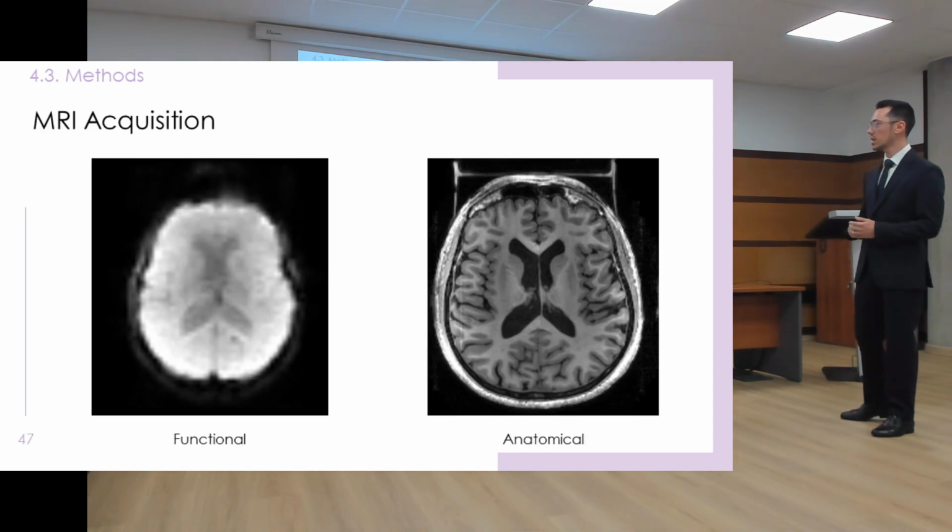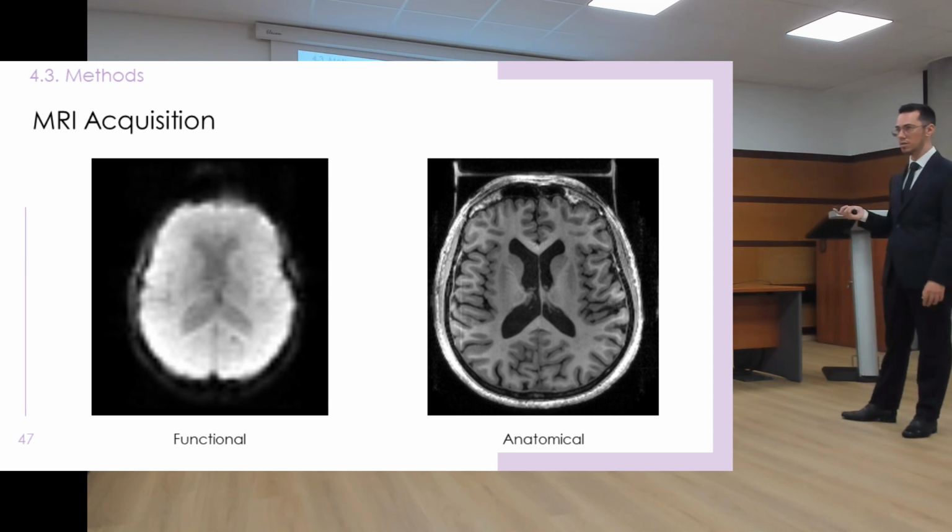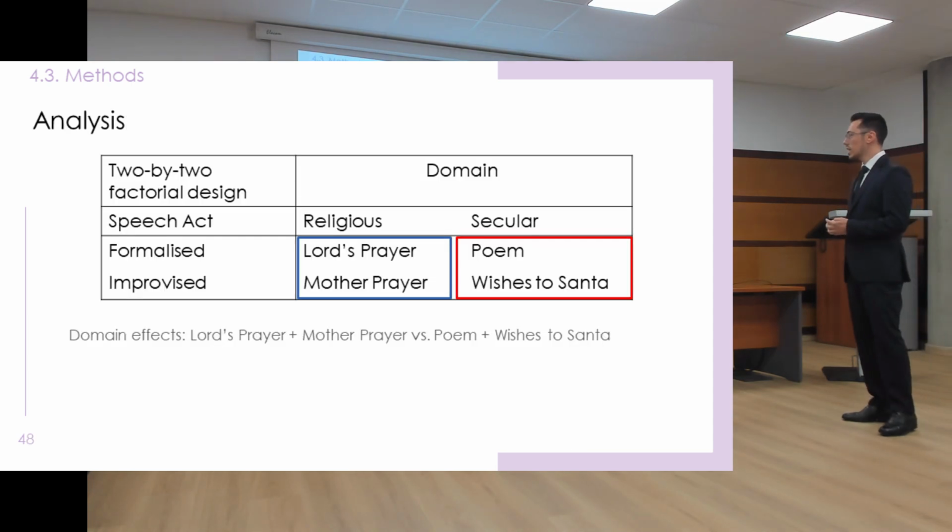So then functional scanning was carried out using typical values, and prior to the functional acquisition, high resolution anatomical images were collected for reference. Then we proceed to the analysis.